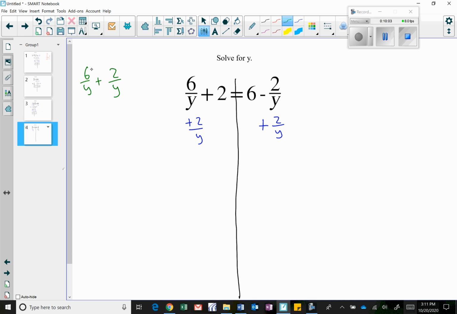So really, I just need to do 6 plus 2. And 6 plus 2 is just 8. And that's still over y. And then I still have my plus 2, and that equals just 6.